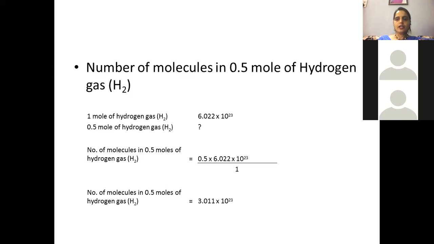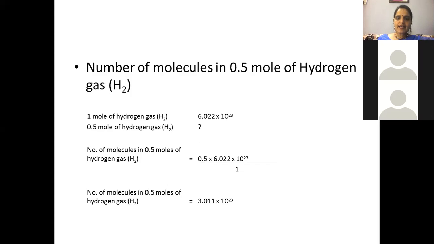1 mole corresponds to 6.022 into 10 raised to 23. So 0.5 mole corresponds to how much? Simply cross multiply and divide this quantity. Then we get 0.5 multiplied by 6.022 into 10 raised to 23 upon 1.